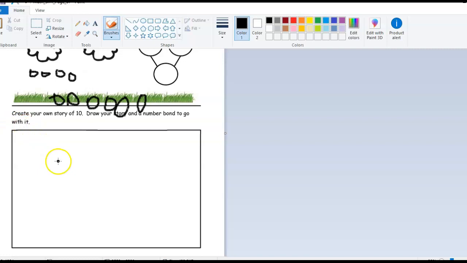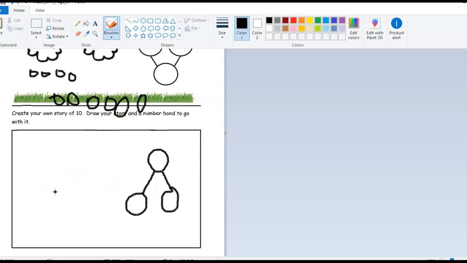And then on the last problem, you're going to create your own story of 10. So draw your story in a number bond to go with it. So you can draw your number bond on the side, like me right here. And then over here in this space, you can create your own story.